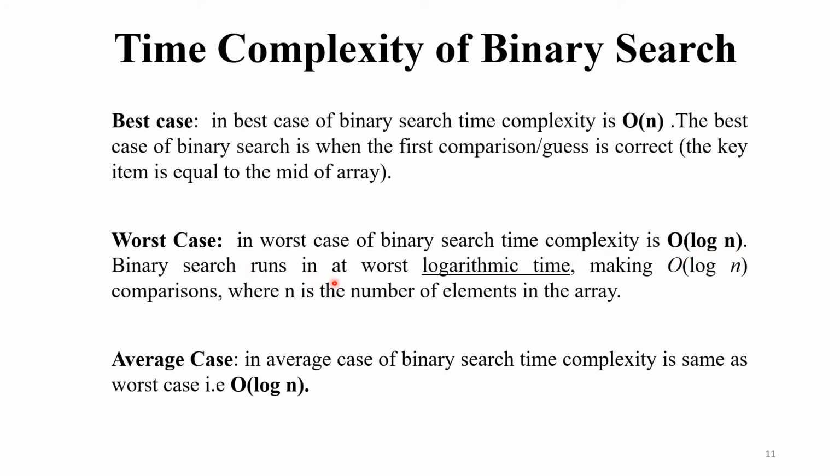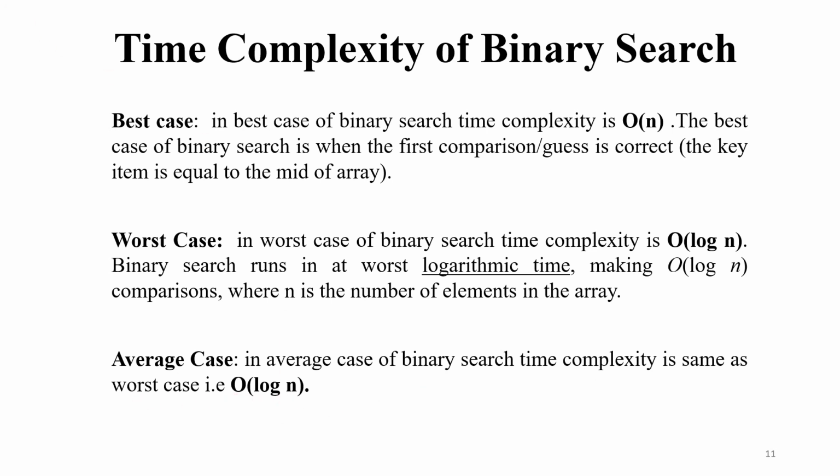Binary search runs in at worst logarithmic time. In the worst case, we repeatedly divide our list in half and we get our key in the last iteration. Next is the average case. In the average case of binary search, the time complexity is the same as the worst case, that is big O of log n.